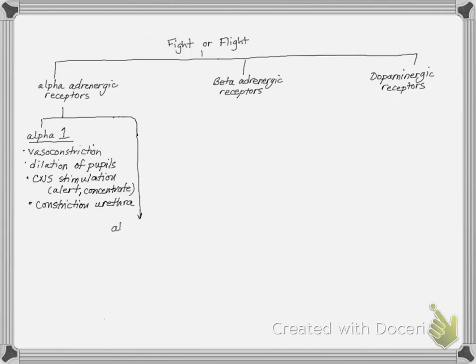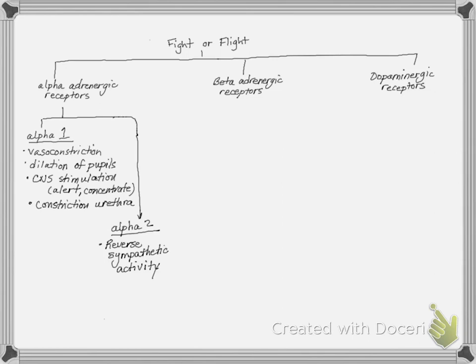And then you have alpha 2s. Your alpha 2 is interesting because it actually will reverse sympathetic activity. It's not good for you to be in sympathetic nervous system stimulation all the time.